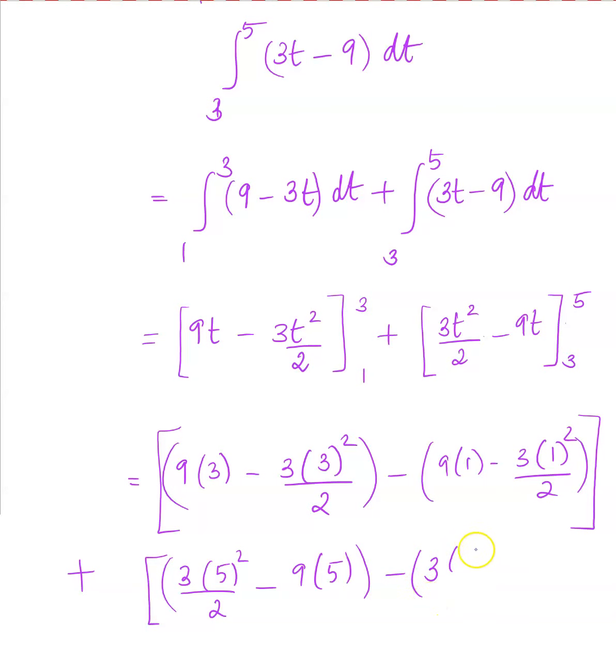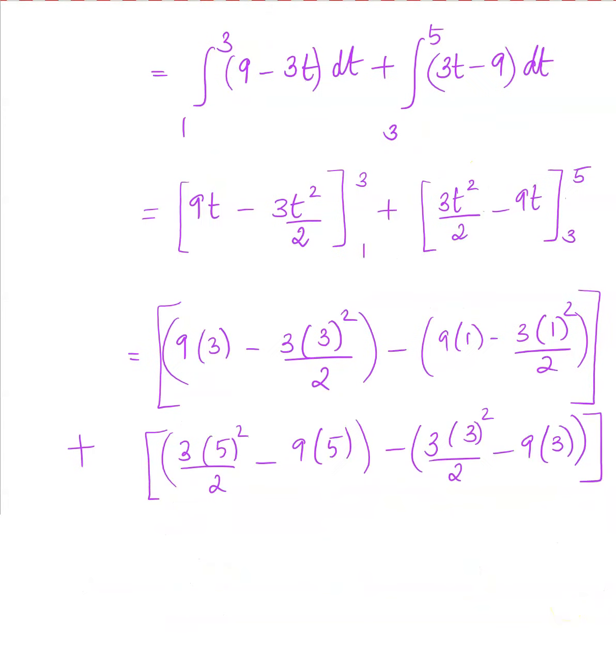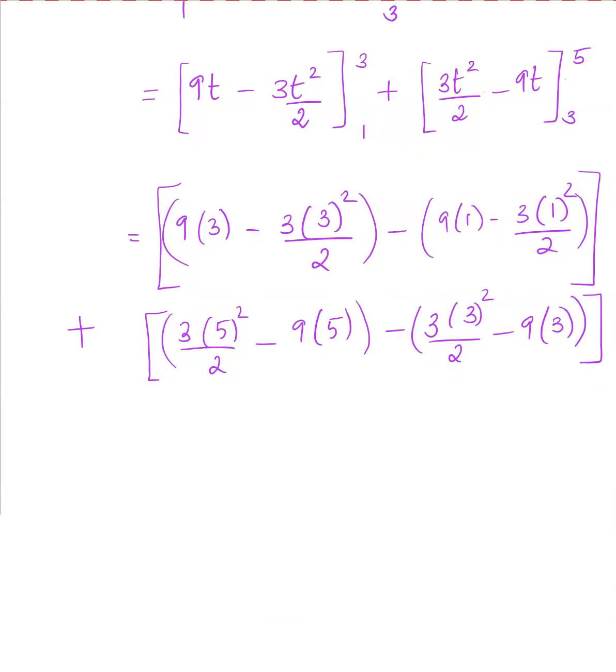So just watch out, it can get a little confusing, but just stay on top of the terms. And as I always recommend, never try to skip steps or do things in your head. Try to write them out, even if it looks complex like this, it doesn't matter. Put them out and then go ahead and simplify it.